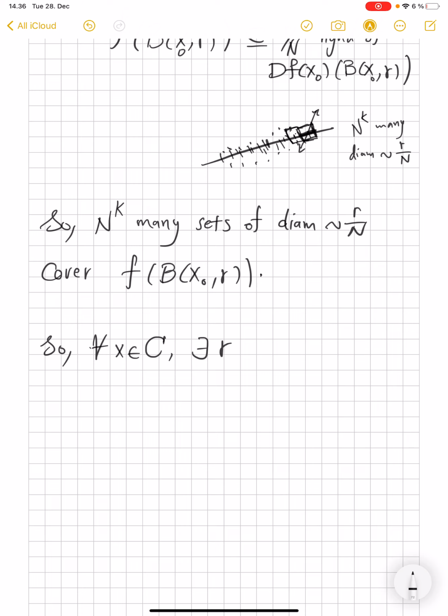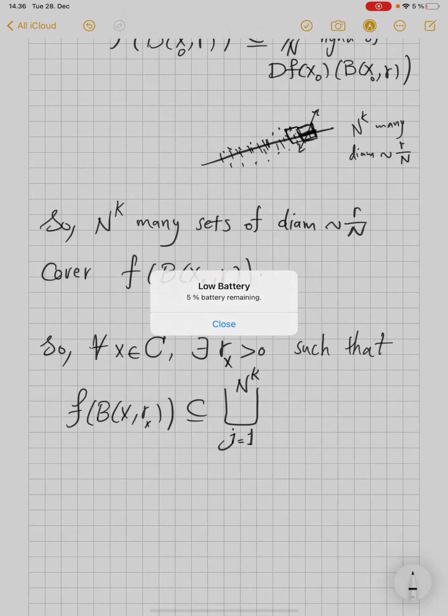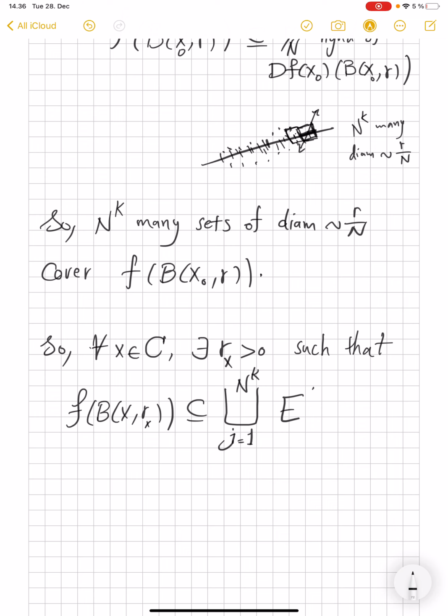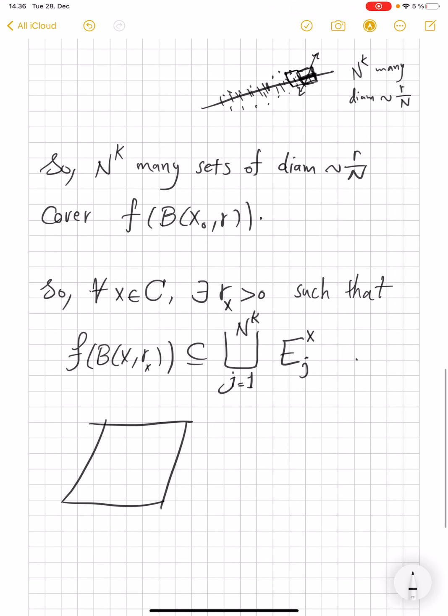So we only need one r. So there exists some r_x positive such that f of B(x, r_x) is covered by the union of j equal 1 to n to the power k many sets, let's say E_{x,j}. So these, of course, depend on the point x. But so here is your, say, critical set, and you keep covering it. For every point, you do this.